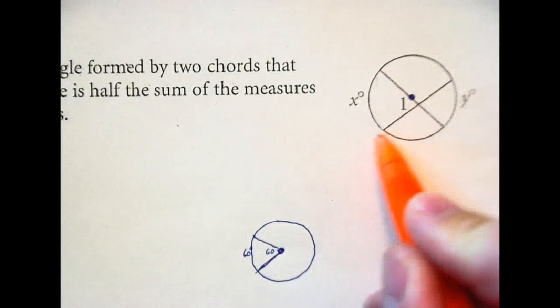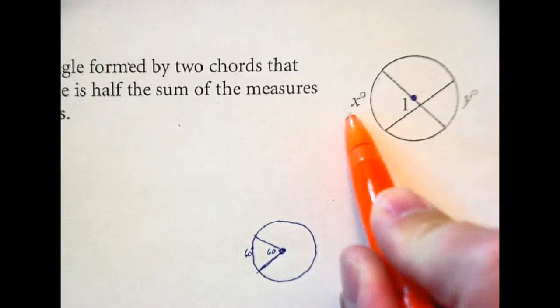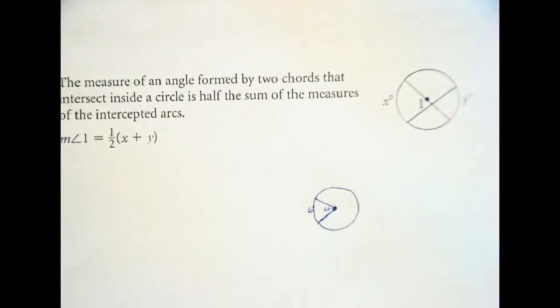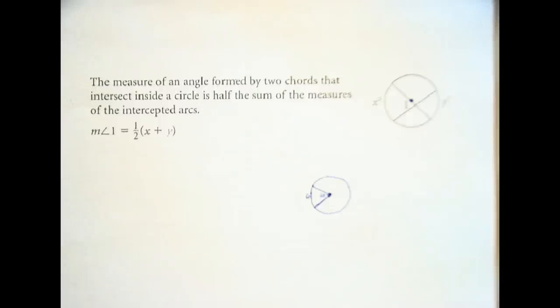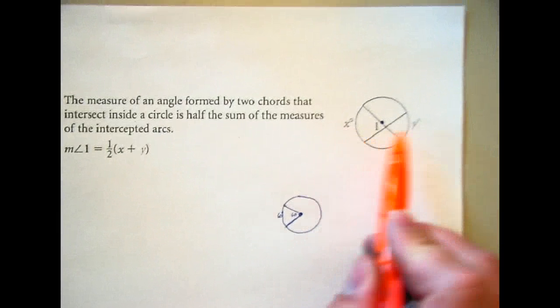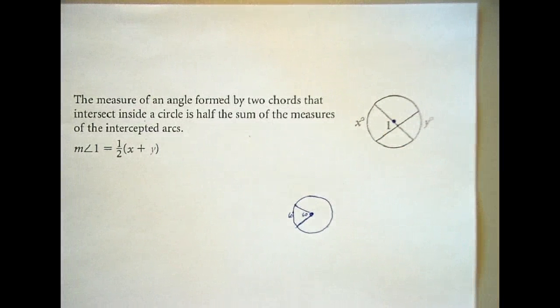This angle right here isn't a central angle. So we don't know what 1 is based upon x. But the relationship we have here says that we can find angle 1 if we know x plus y. Okay, x plus y cut in half gives us angle 1. And the other theorems you have are really similar to it.